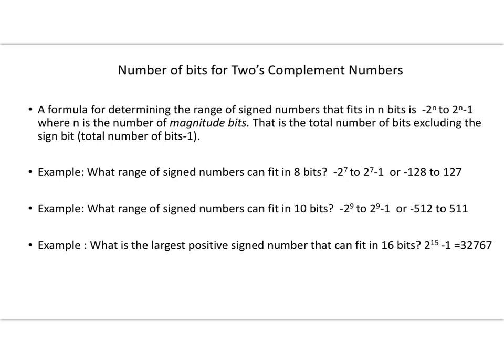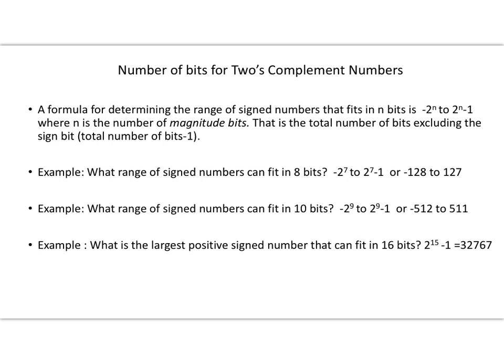Okay, so let's try a couple of examples. What's the range of signed numbers that can fit in 8 bits? We use this formula, minus 2 to the 7th power, because there are 8 bits, that's 7 magnitude bits, to 2 to the 7 minus 1. If you evaluate 2 to the 7th power, it comes out to be negative 128 to 127.